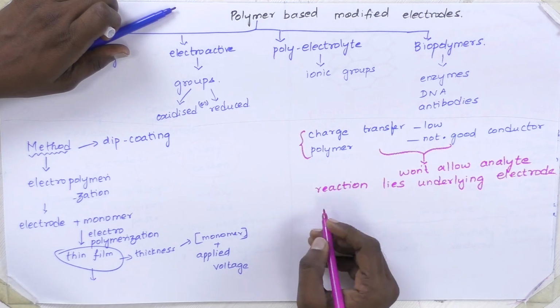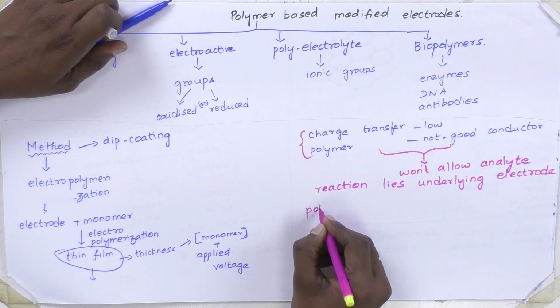Many polymers were used to coat the electrode surface. Specifically, polypyrrole is preferred. Why polypyrrole?